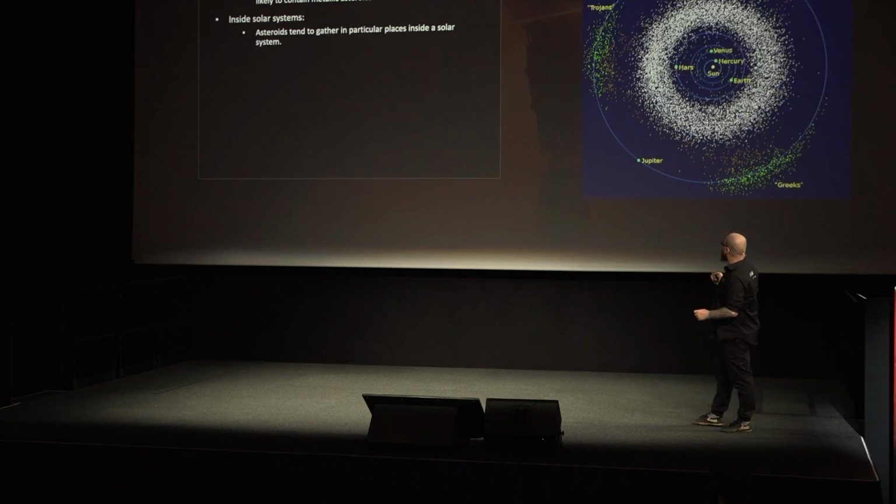And I really like this picture here of our old solar system, where you have Jupiter, Mars, Earth, Mercury, Venus, Sun, and then you have the asteroid belt that lies between Mars and Jupiter, and then you have the Trojans and the Greeks, which are basically asteroids that have been trapped at the L4 and L5 points of Jupiter, which are points of gravitational equilibrium in the three-body problem of Jupiter, Sun, and thing moving around it.